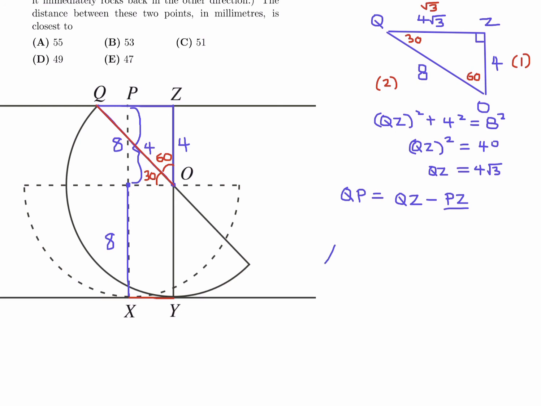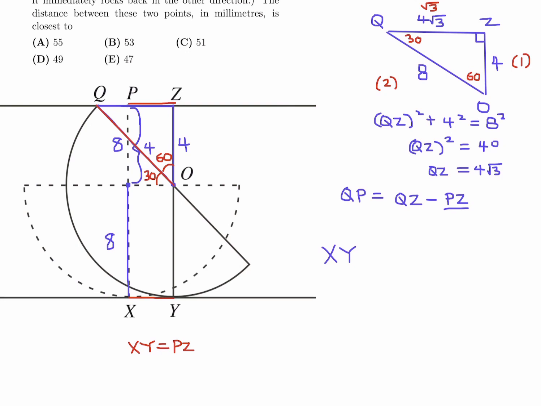So that is the key to the question. xy, this distance that this semicircle travels, initially it was right here at x when it was touching the base, but then once it tilts, it touches the base at y. And we want to know what is the distance between x and y. Because x and y are similar to p and z. If we can figure out the distance xy, xy is the same as pz. And that is what we want to figure out.